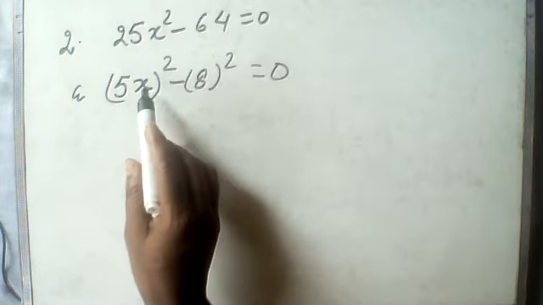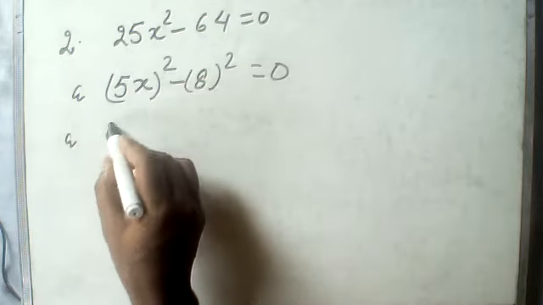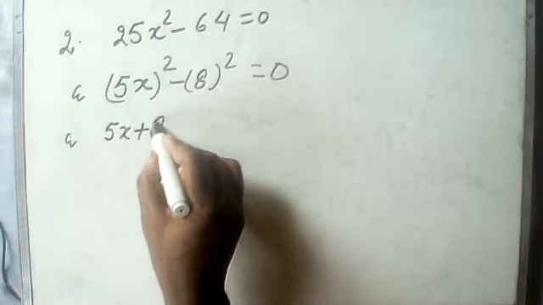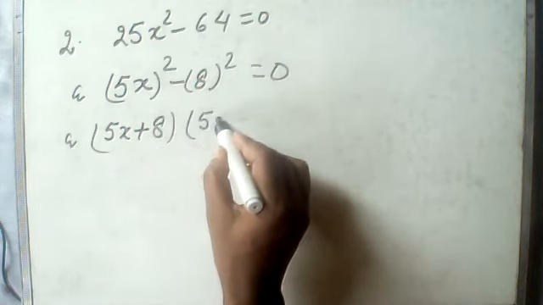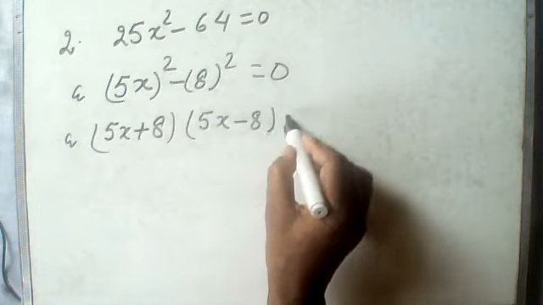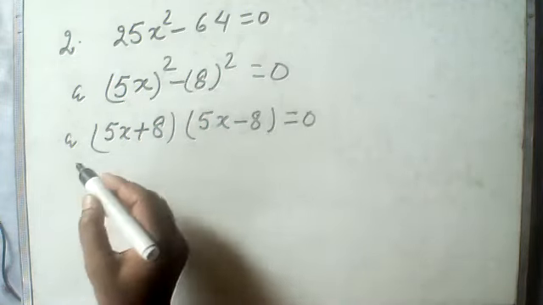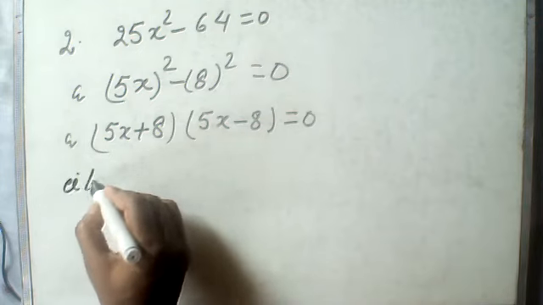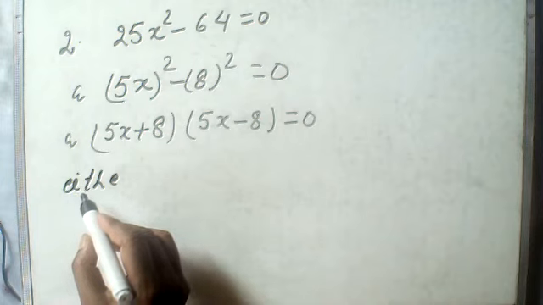Now this is in the form of a square minus b square, or a plus b, where b is 8, and a minus b is equal to 0. Now, as before, if the product of two linear factors is 0, then either one is 0 or the other must be 0.